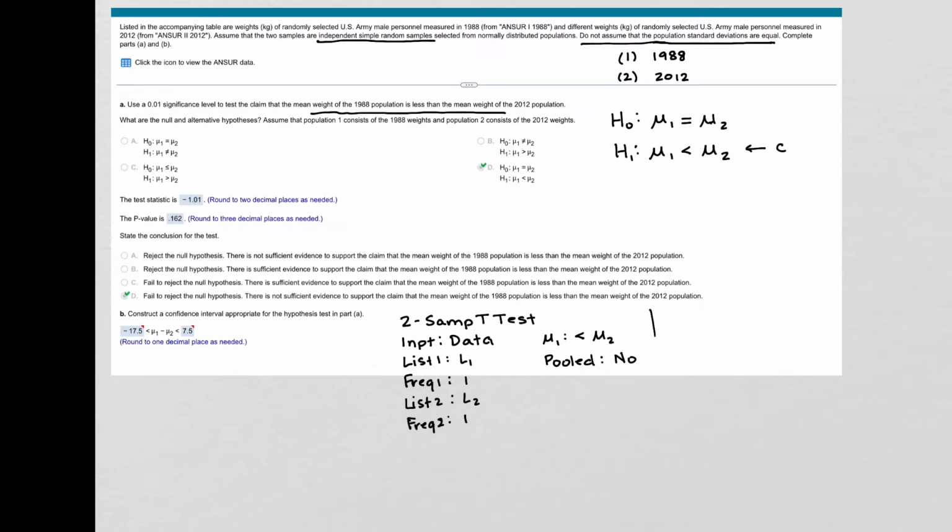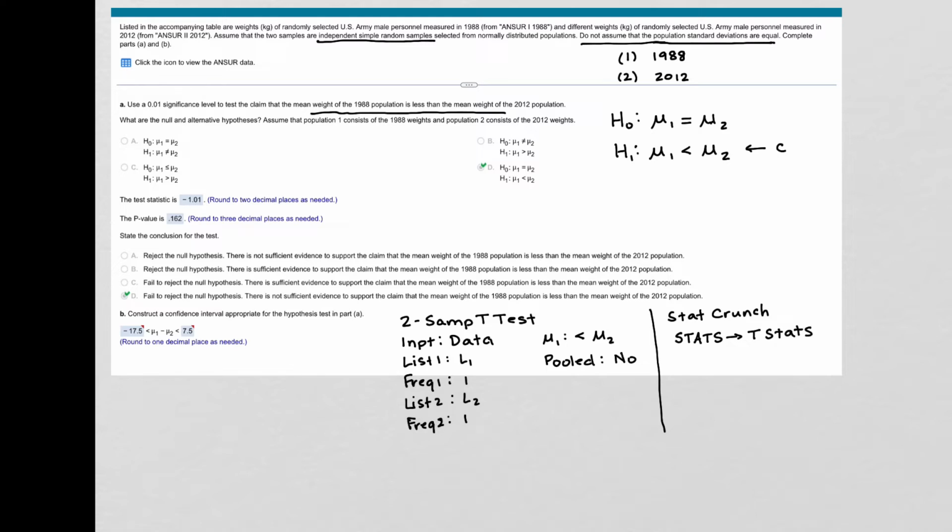So if you were using StatCrunch, you're going to go to Stats at the top, and then you're going to select T-Stats, because we're doing a t-test.